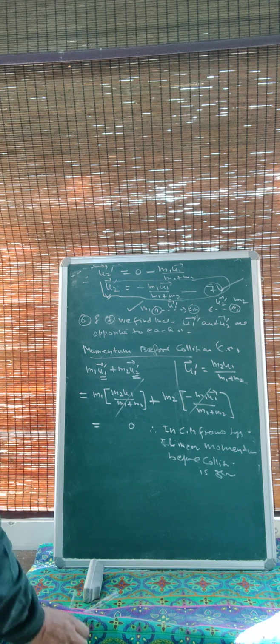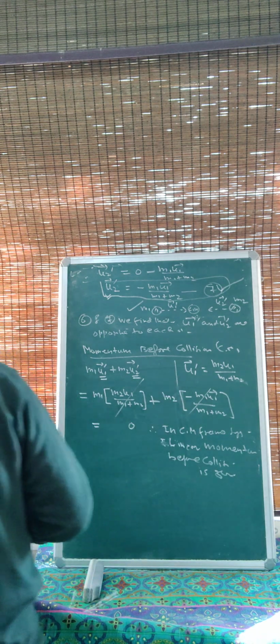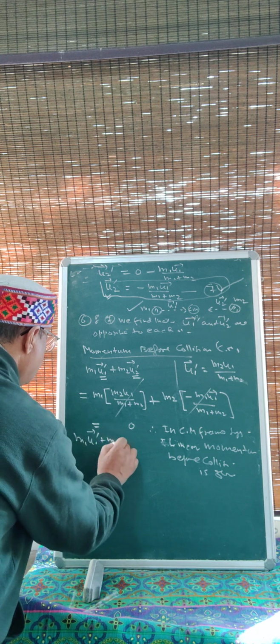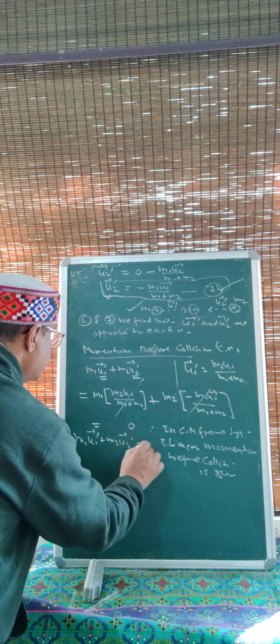Now you see, we had equation number 7, and let us write this to be equation number 8. What we got is m1 u1 dash plus m2 u2 dash is equal to 0.